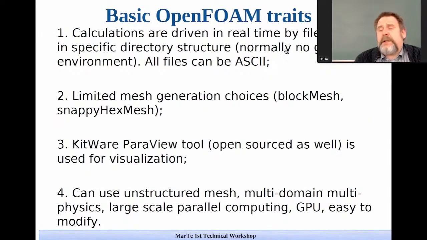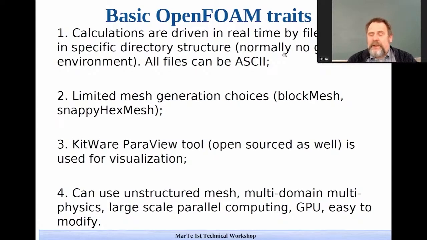What are the basic traits we have to know when we start to use it? Calculations are driven by files. We have some files in a directory tree, and normally no one uses graphics. Files can be modified while a solver is running.